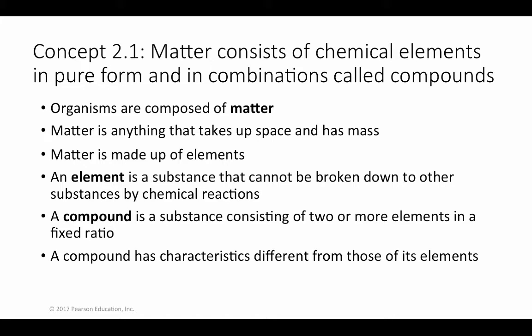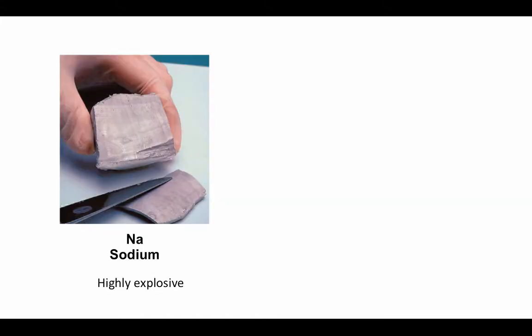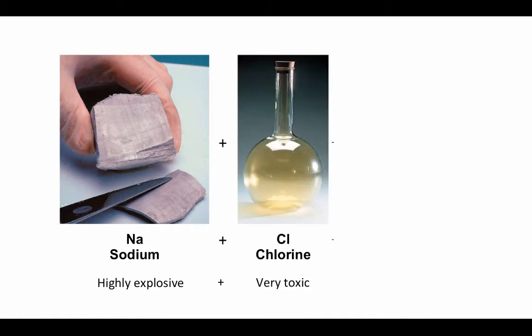So as an example, I think this was the example in your book, if you take sodium, which is a metal, it's highly explosive, so it combines readily with the moisture in the air, with water, and basically bursts into flames. So this is a very difficult element to work with in its pure form. And you take that and you combine it with a poison gas, basically.